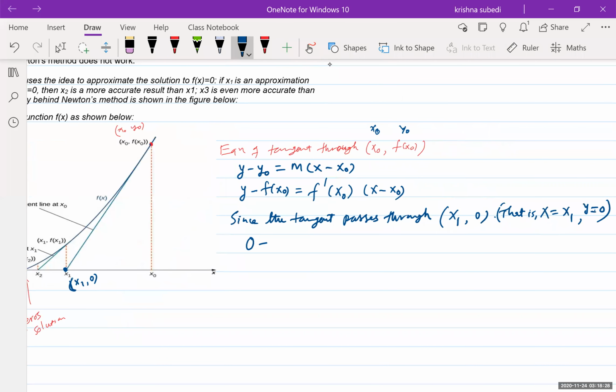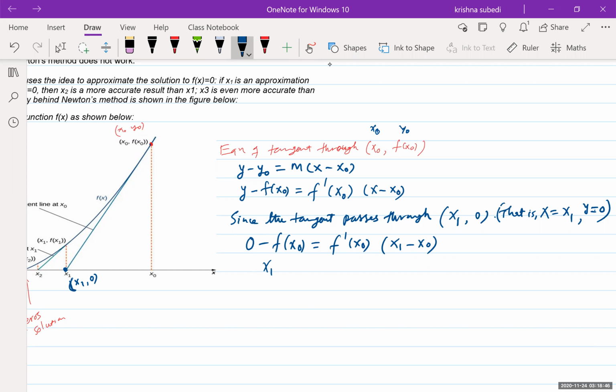Y means 0 minus f of x naught equals f prime of x naught, and x is x1 minus x naught. Now let us do a little bit of algebra here.